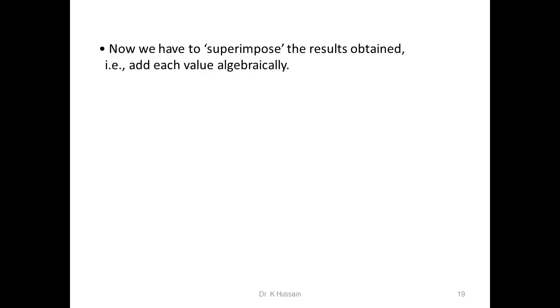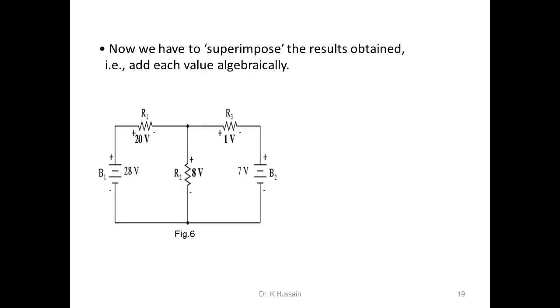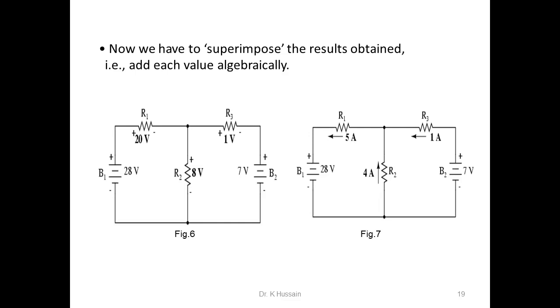Now we will see what happens if you are taking both the sources at a time. You see here, when you are taking two sources at a time, this is the first source, this is the second source. For your understanding, we have taken both currents as well as voltages.